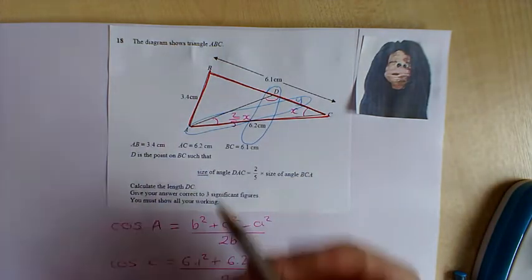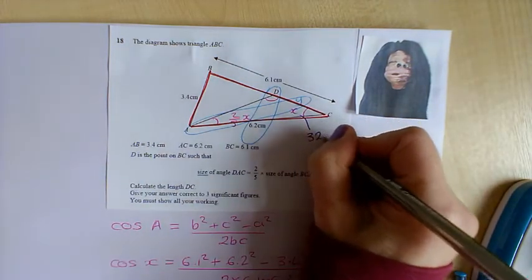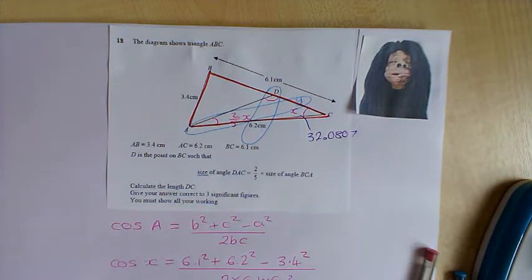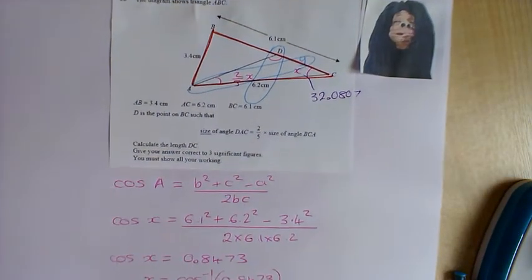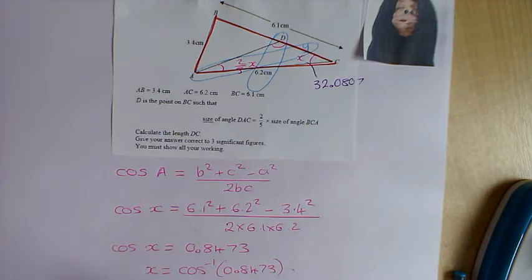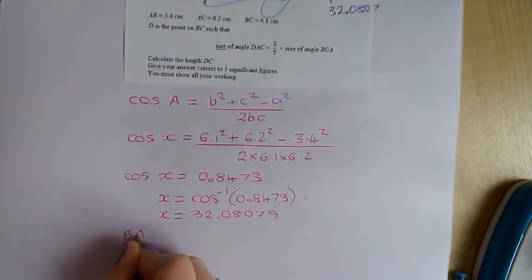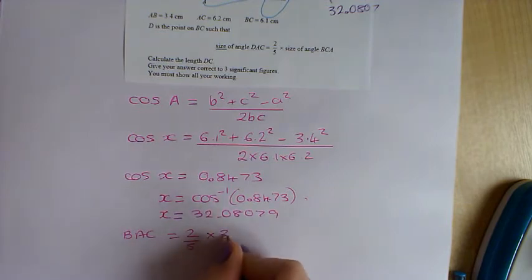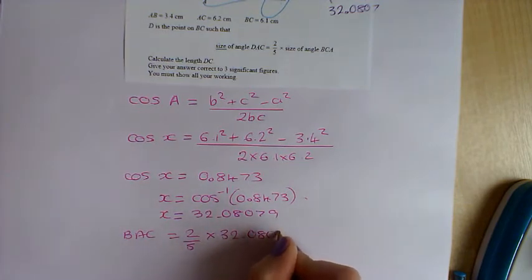So I'm just going to label that 32.0807. And I know that this one is 2/5 of that. So angle BAC is 2/5 of 32.08079.